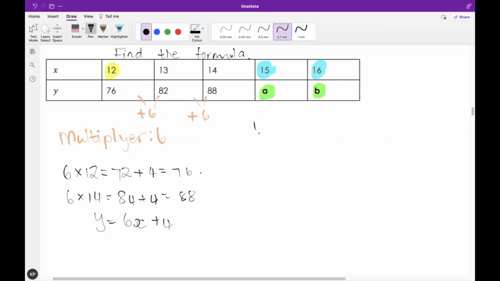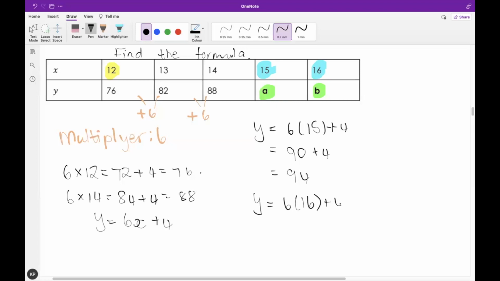So for the first one, y is equal to 6 times 15 plus 4. What's 6 times 15? That is 90. And if you add 4, 94. Beautiful. And for the last one, y is equal to 6 times 16.